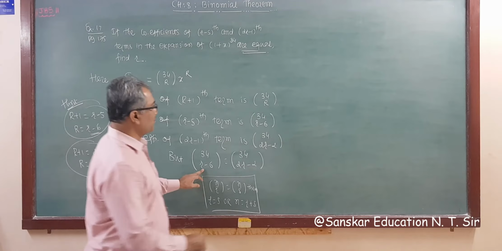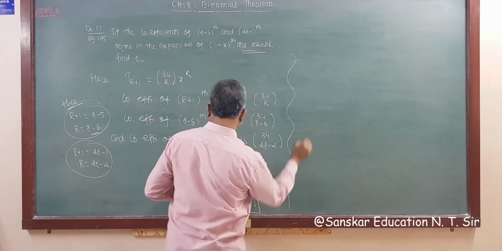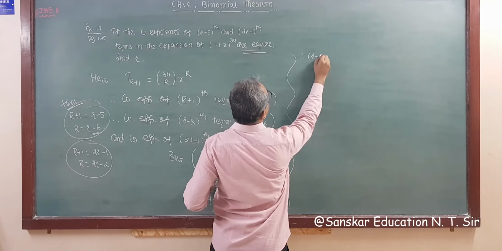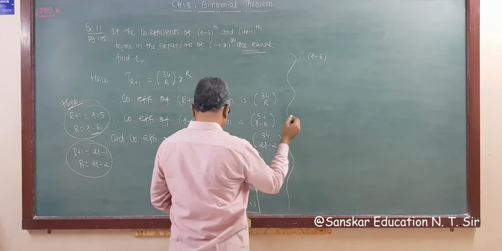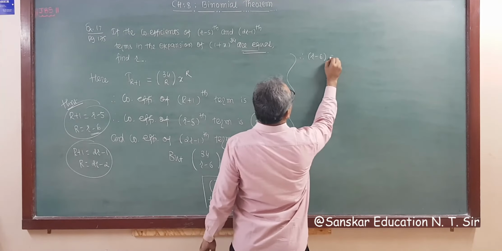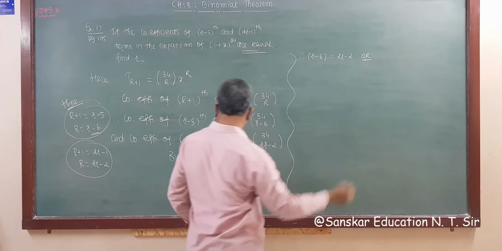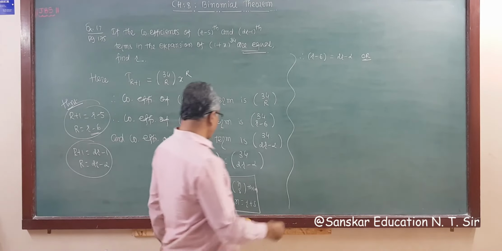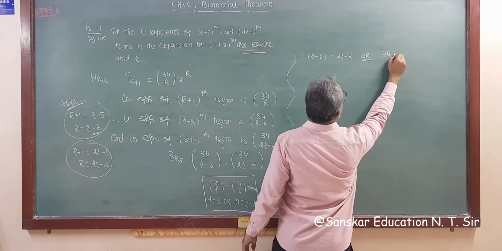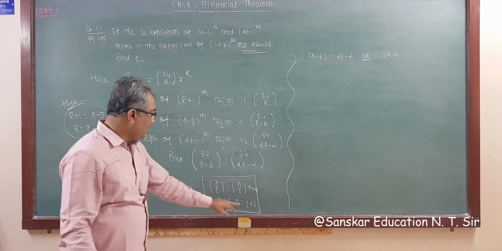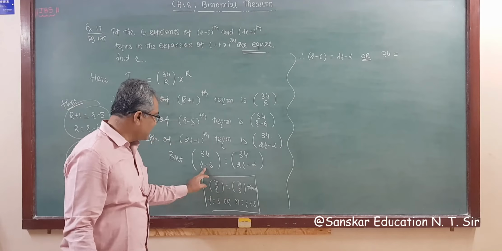So solving this, what we get? R minus 6 is equal to twice R minus 1, or N is 34. So 34 is equal to R plus S, this plus this.